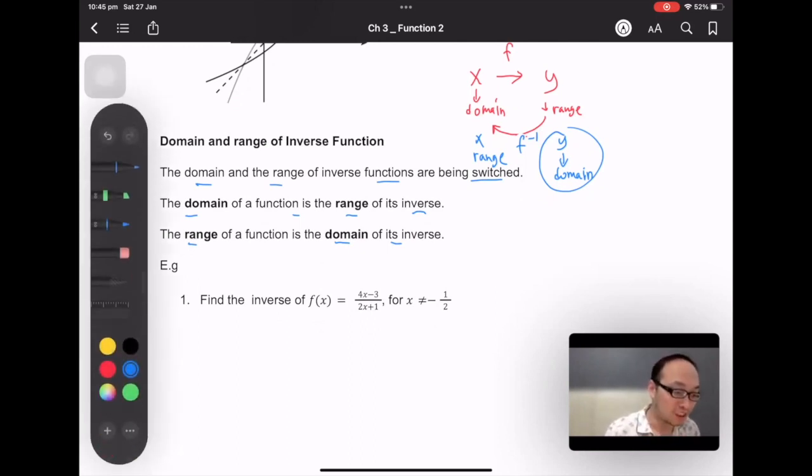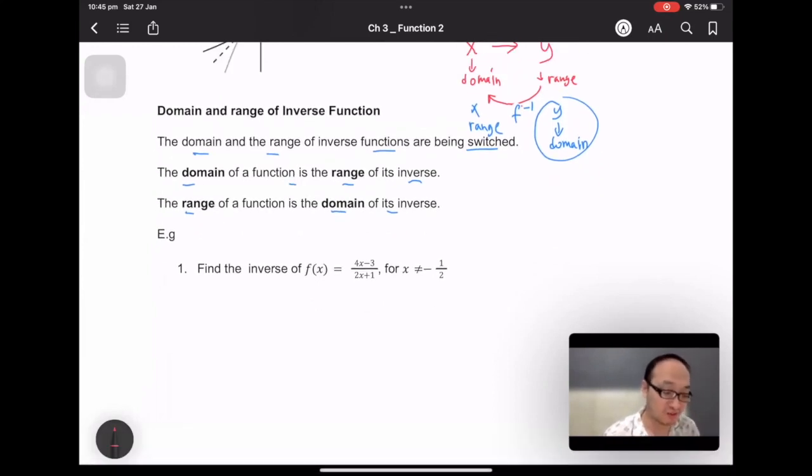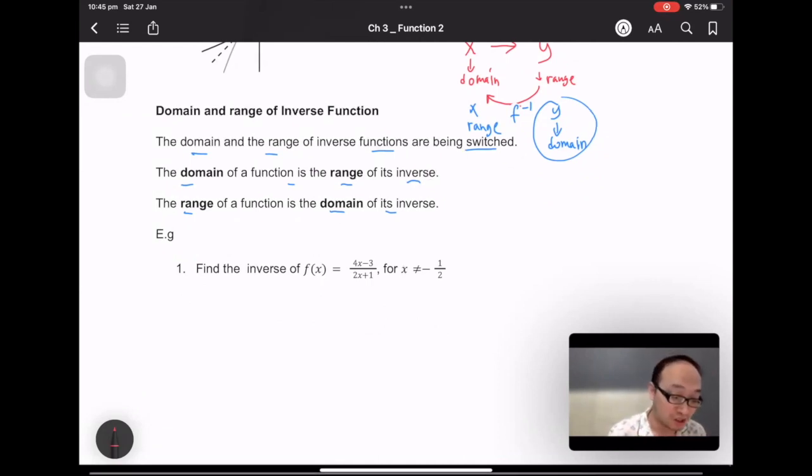Let's see the example. Find the inverse of this. To do this, we have to switch between x and y. So this is y equals 4x minus 3 over 2x plus 1. Now we switch x and y.